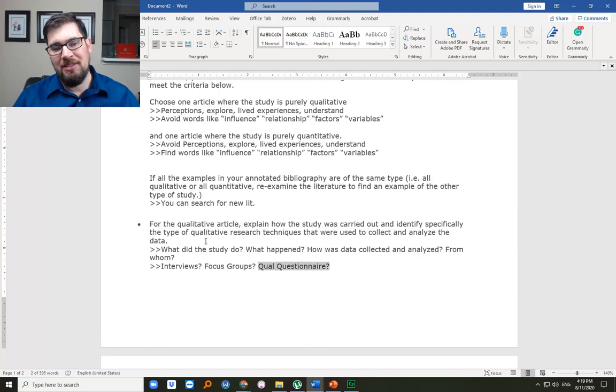So qualitative questionnaires, these are fine, but I also discourage them because they generally are not going to elicit or obtain as much data from a person. Imagine if a person's writing, it depends on what the topic is. In an interview, you can prompt people and ask more and clarify, and they can talk more freely and hopefully in more depth, with more information about whatever you're asking about.